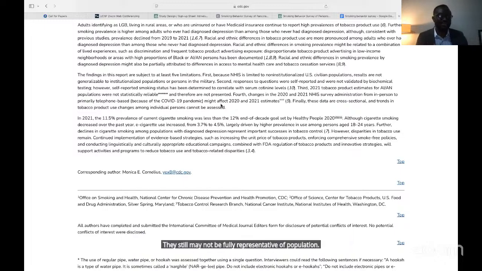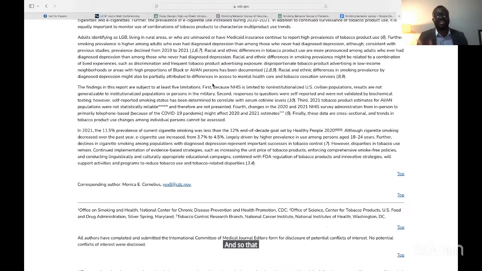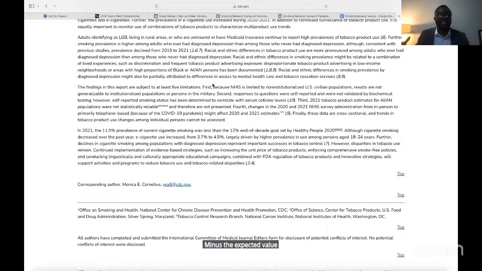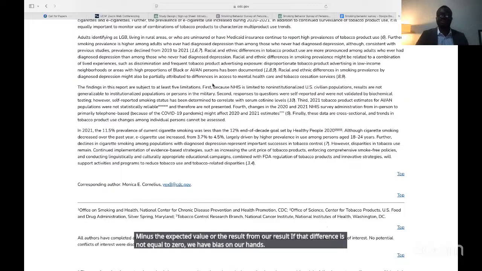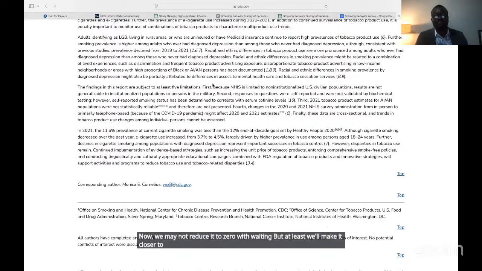That's standard language we use for most of these reports. It attests to the fact that we acknowledge we have tried to reduce the gap, but we may not have eliminated it completely. Remember, we said bias is simply quantified as the true population value minus the expected value, or the result from our sample. If that difference is not equal to 0, we have bias on our hands. Now, we may not reduce it to 0 with weighting, but at least we'll make it closer to 0. So there may still be bias, but not as profound as when the results were unweighted.